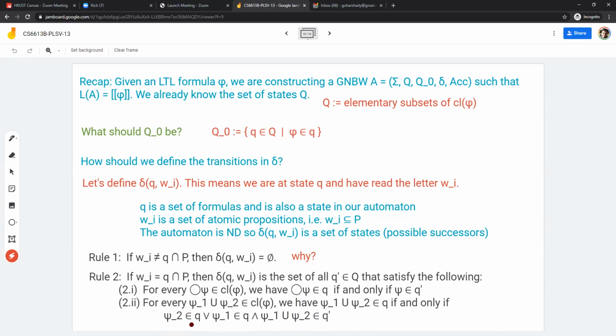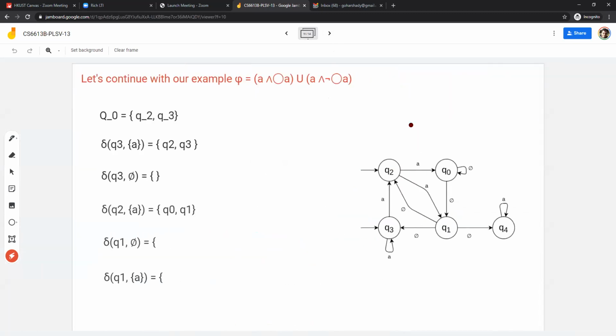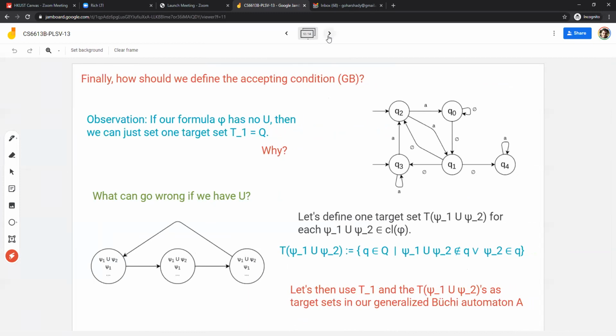So either psi2 is holding right now at Q, or psi1 is holding right now at Q, and then the psi1 until psi2 formula holds in the next step at Q prime. Okay, these were the rules that we had, and this is actually the last example that I did right now.